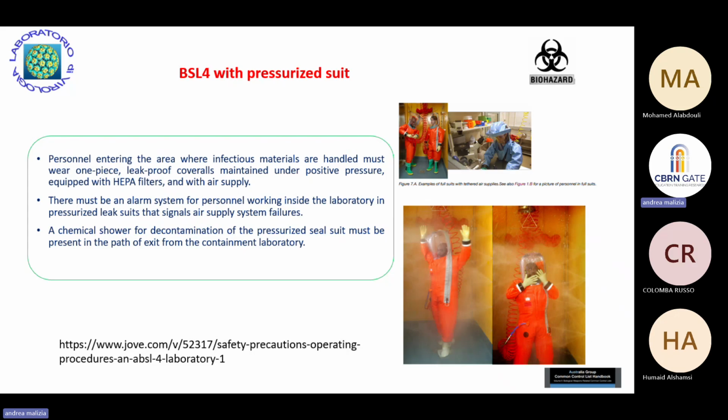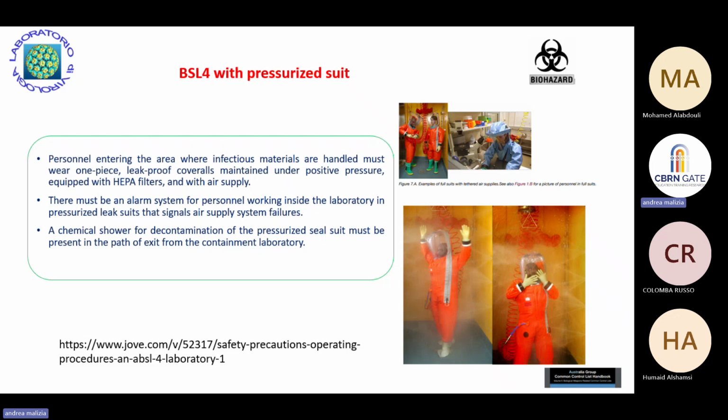It's naturally resistant to the chemical shower, but the chemical shower is mandatory.